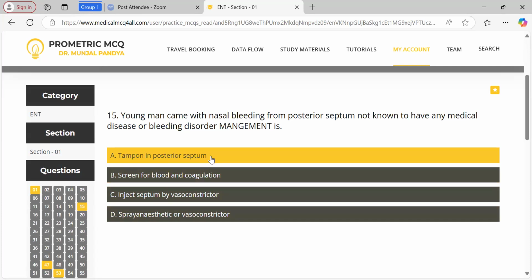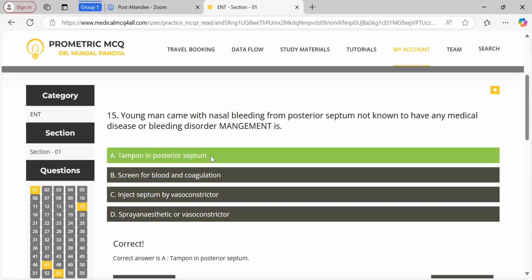You have to refer to the ENT doctor. Posterior packing, don't try. Anterior, you can try with nasal pinching and anterior packing. But posterior, refer to the ENT specialist. The doctor will do the packing.